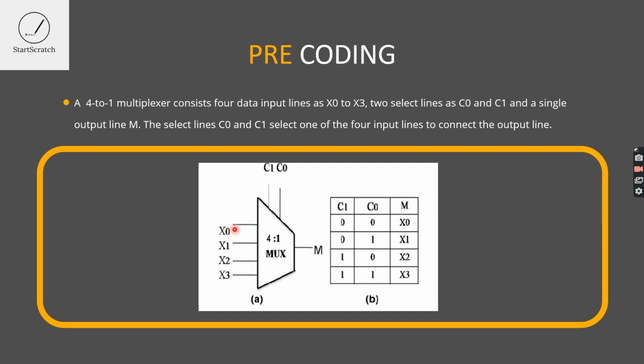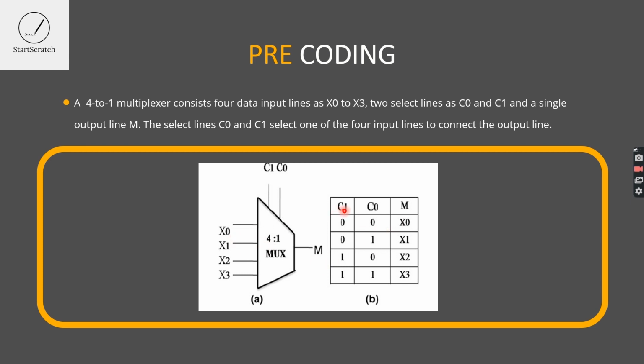It will take 4 inputs and give a single output using two selection line inputs, that is C1 C0, and depending on the C1 C0 combined you will be deciding which input to drive to the output.